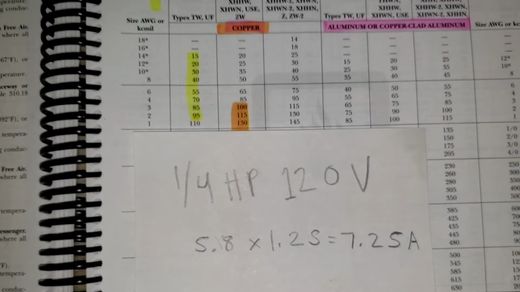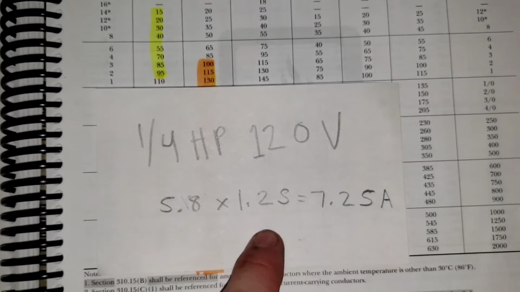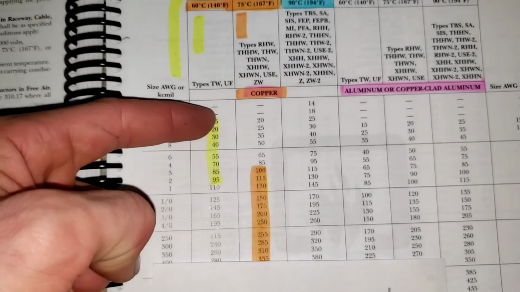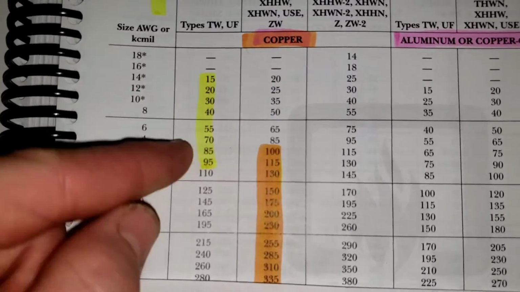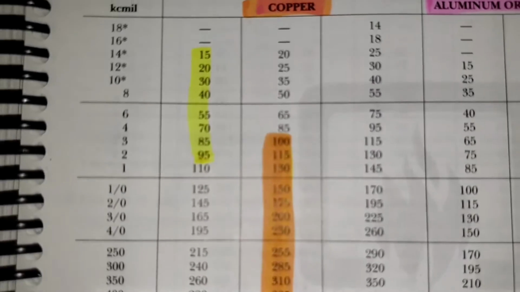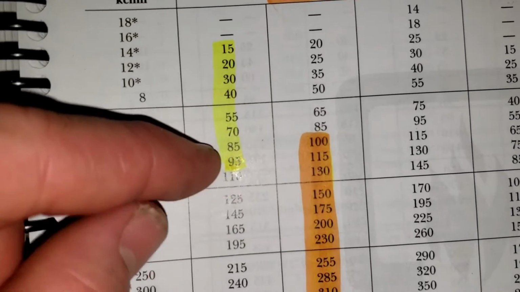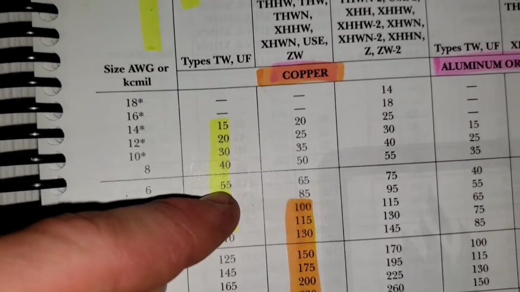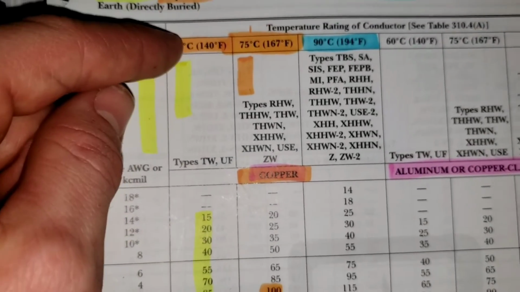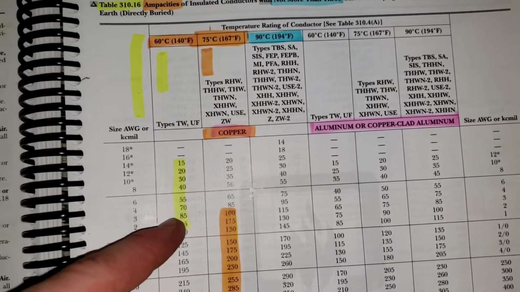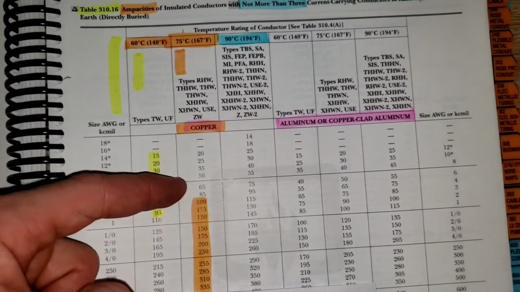Okay, other than that, let's find our answer. We have 7.25 amps. Okay, you see where I highlighted yellow? I go up to under 100. Anything under 100, I highlight in yellow in the 60-degree column. Anything under 100 amps, you're going to use the 60-degree column. I would do this in your notes too.